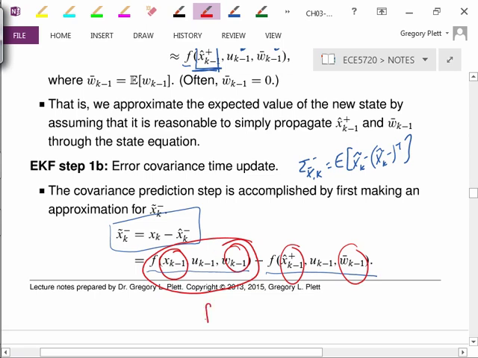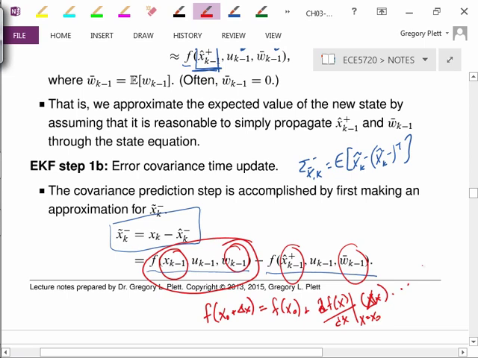And a Taylor series expansion says some general function at x naught plus delta x is equal to f of x naught plus the partial derivative of f evaluated at x equals x naught times delta x, etc., with higher order derivatives and so forth.